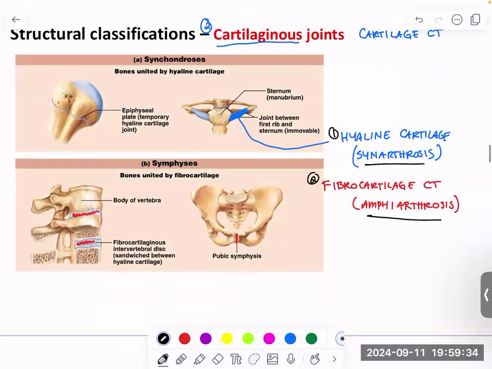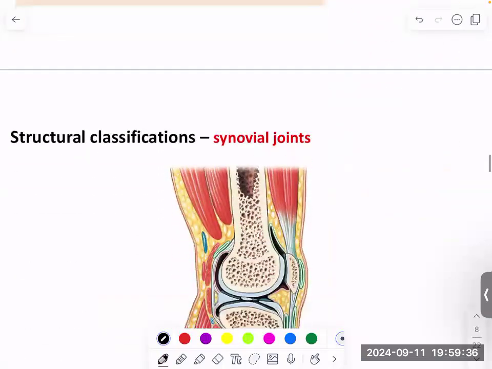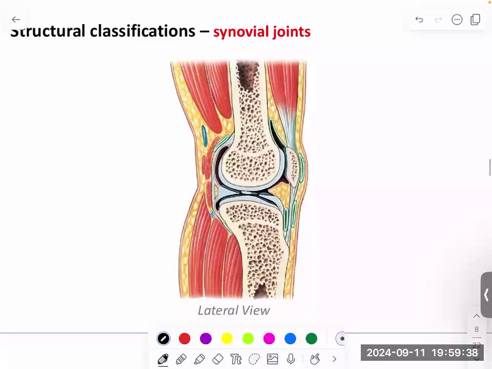Our last structural classification are synovial joints. Synovial is a fluid that literally acts as a lubricant. Your body produces synovial fluid in between the joints, so they act as a lubricant. Do you see that black space between this knee joint?